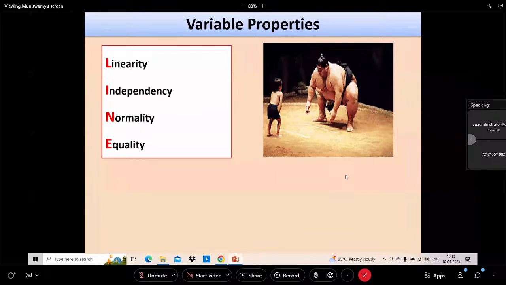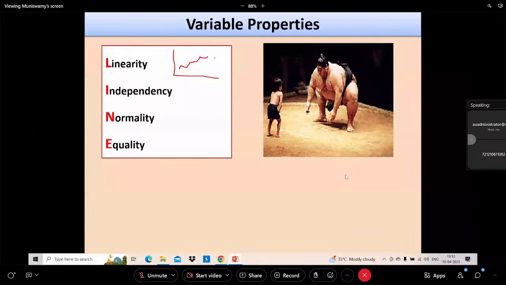Linearity, in the sense, you draw a graph of your values, and the graph should be linear. Suppose you take age. Almost the age may be like this. It's linear.